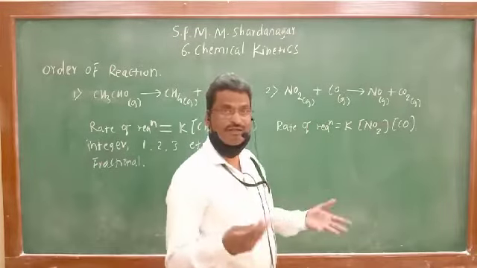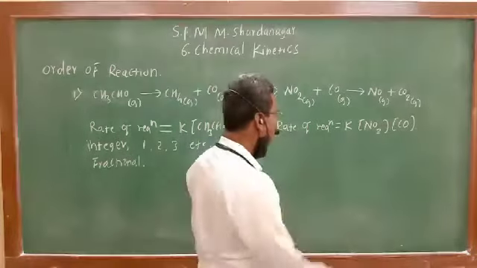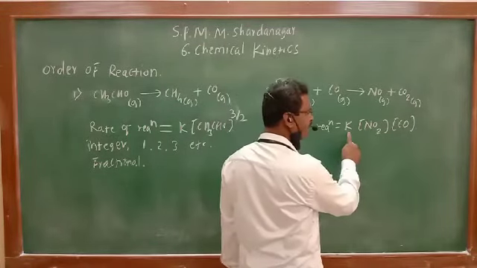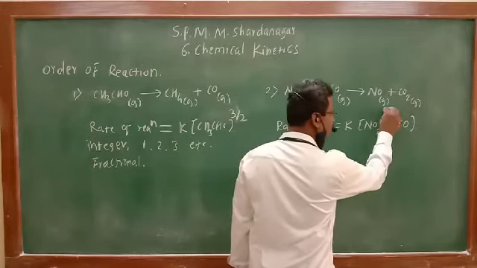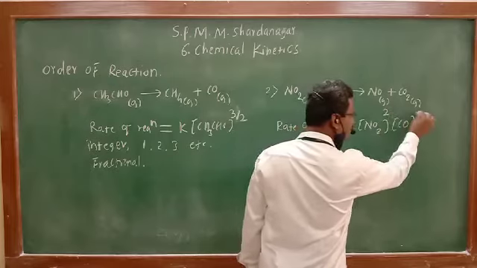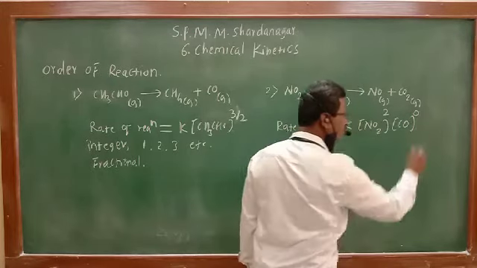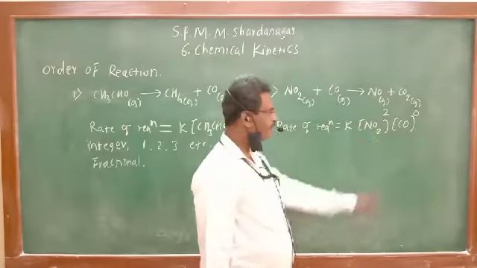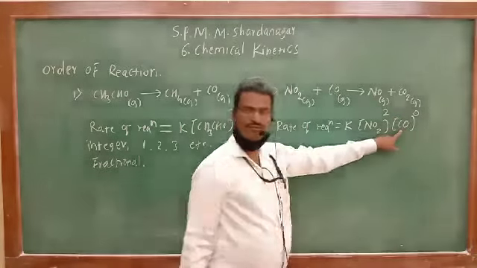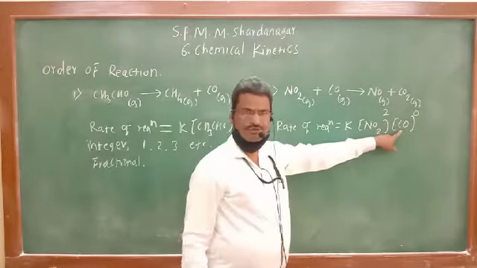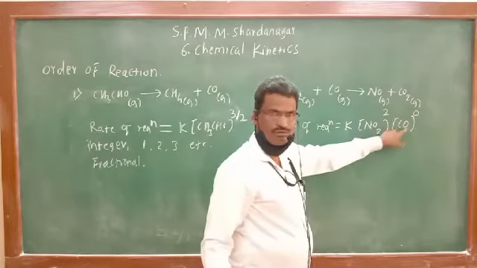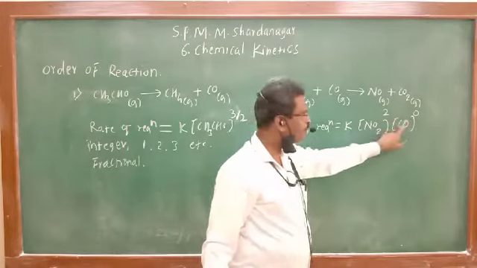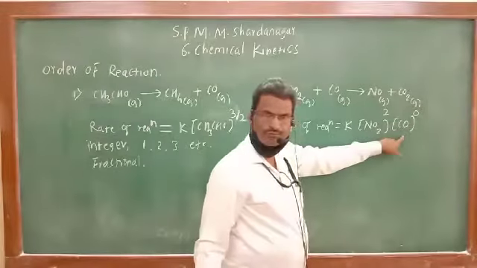And experimentally it is observed that rate of reaction will be equal to K into concentration of NO2 squared into concentration of CO raised to 0. 10 raised to 0, what is it? 1. 20 raised to 0, that is also 1. 2 raised to 0 is 1.